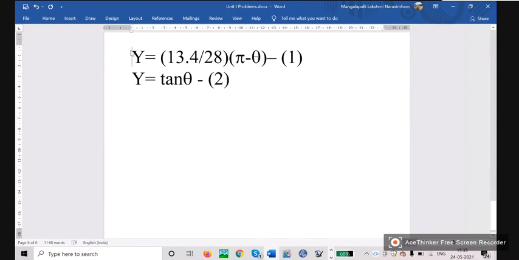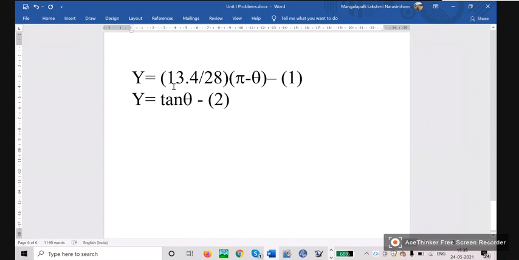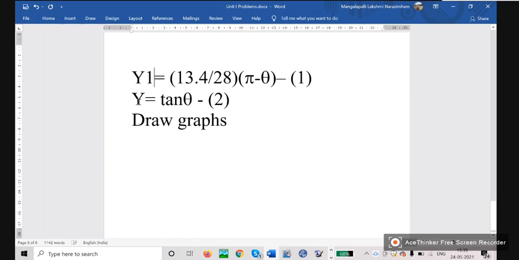So now I am having two equations. y is equal to something into pi minus theta, and y is equal to tan theta. So what I have to do is draw graphs. I will call this y1 and this y2.